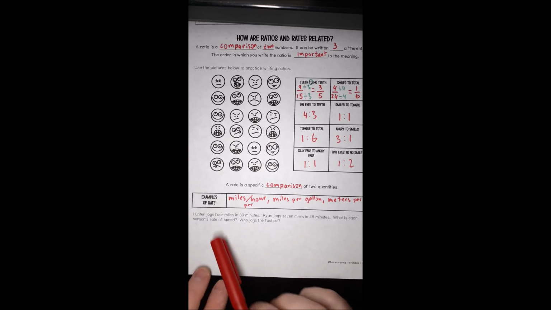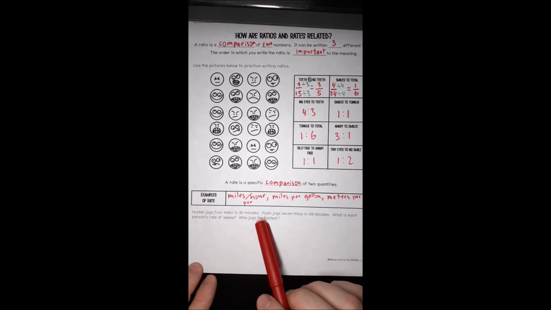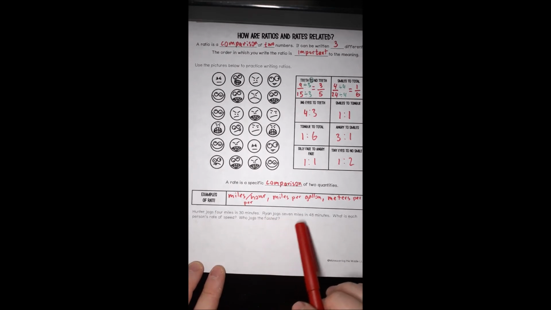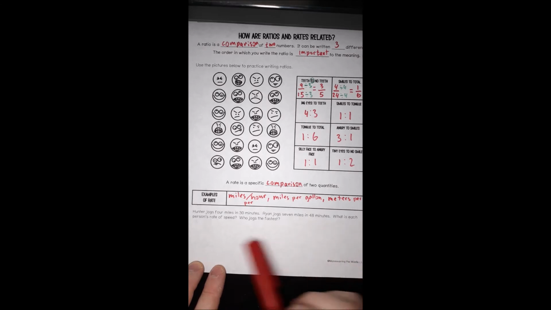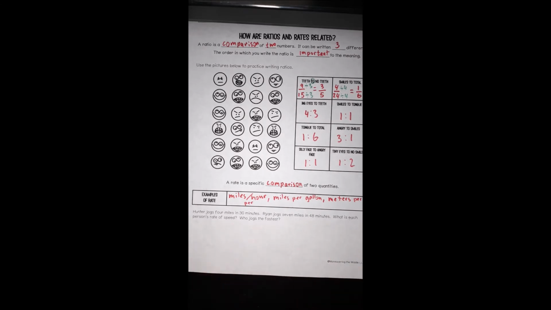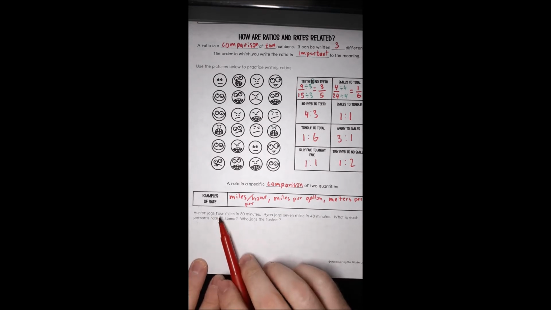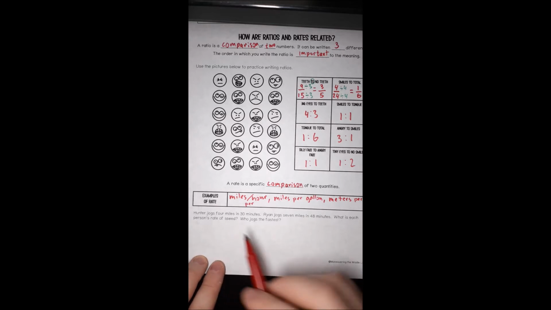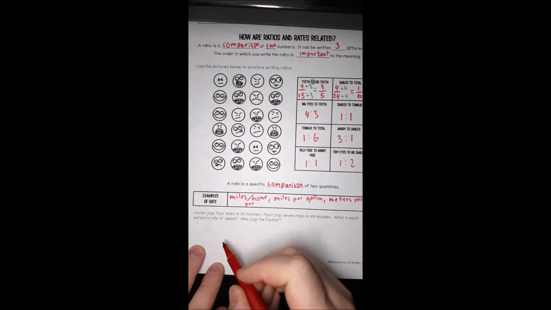Hunter jogs 4 miles in 30 minutes. Ryan jogs 7 miles in 48 minutes. What is each person's rate of speed? Who jogs the fastest? In this example, again, you say Hunter goes 4 miles per 30 minutes. So let's extract this information.